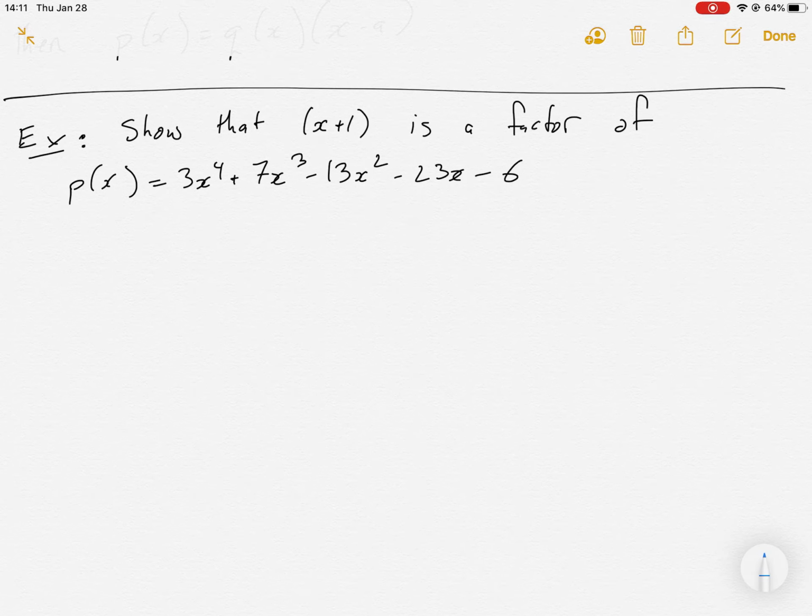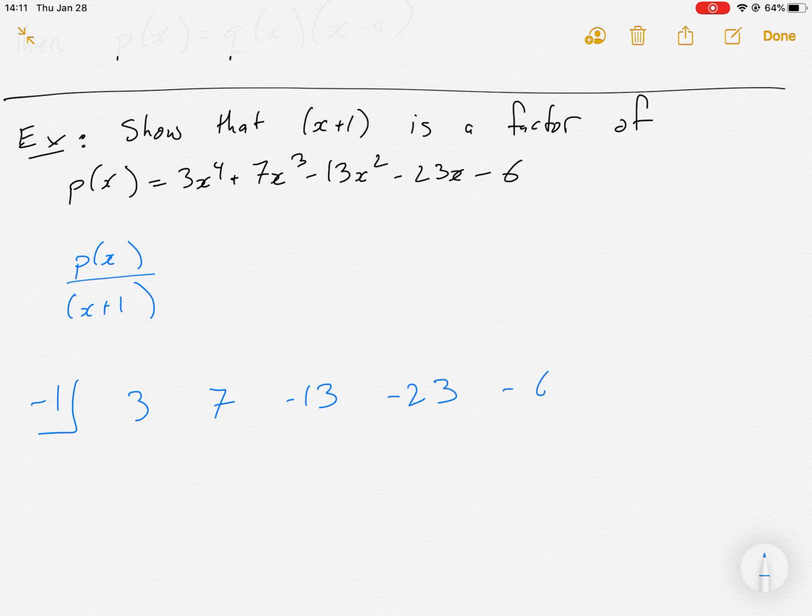Now hopefully you've had a chance to write down synthetic division because I will be using synthetic division exclusively when I can. So in this case I'm going to go ahead and divide p of x by x plus 1, and I'm going to use synthetic division to do this.